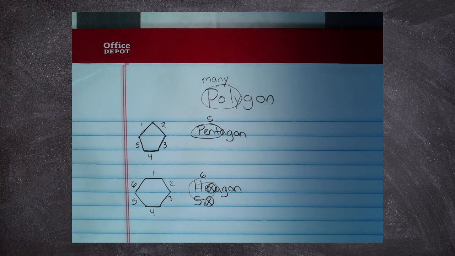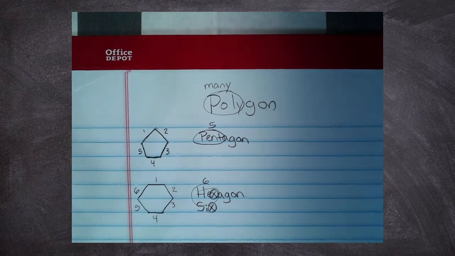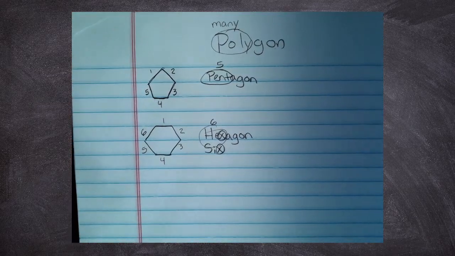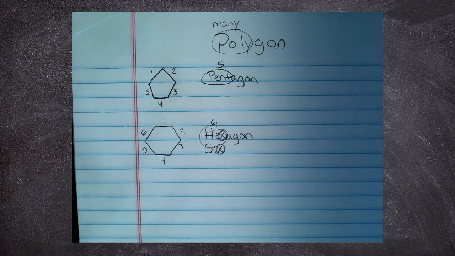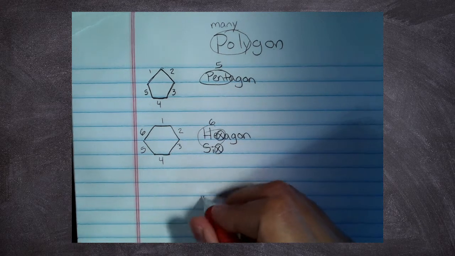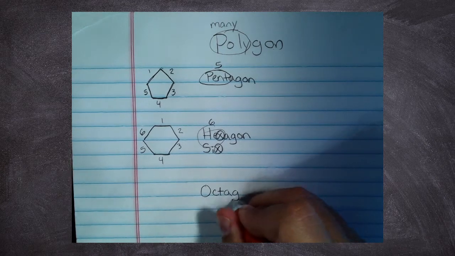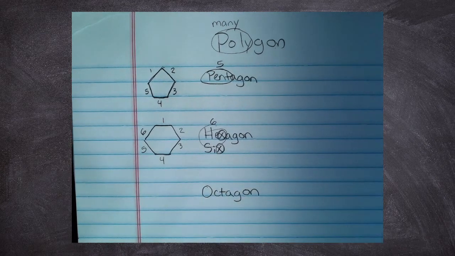Now in the video in that song, they talk about some other shapes that we don't see very often. I'm going to go ahead and just skip those, and I want to focus on the ones that we do see pretty often, pretty regularly. The next one that we see pretty regularly is called an octagon.